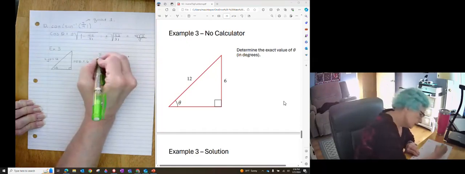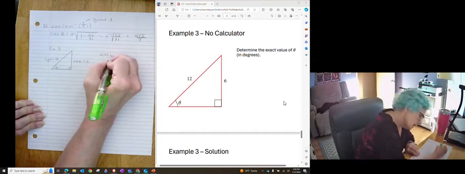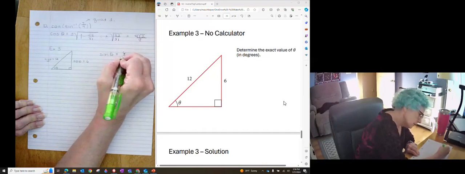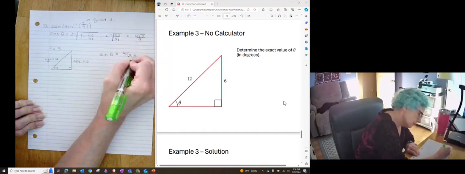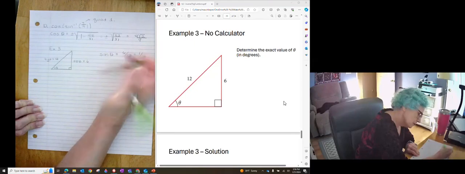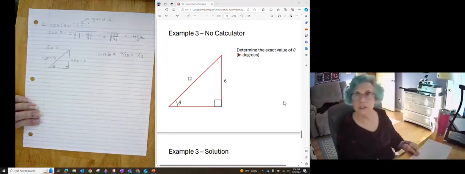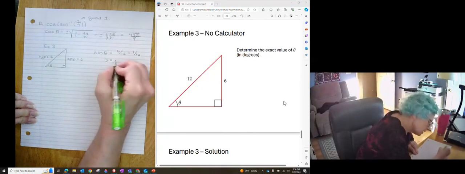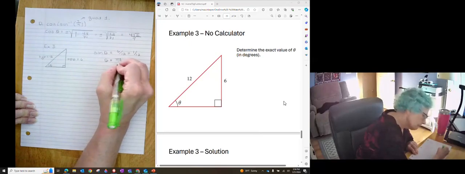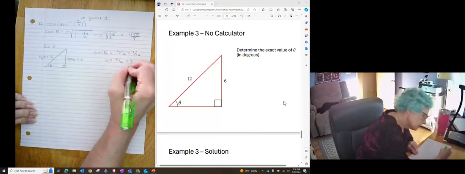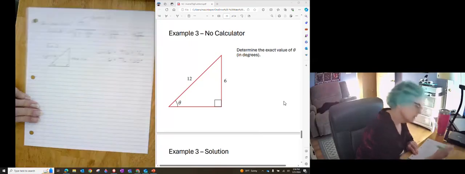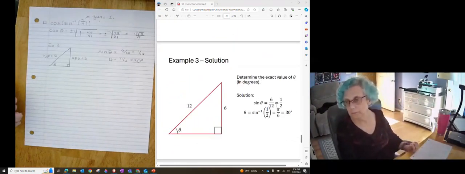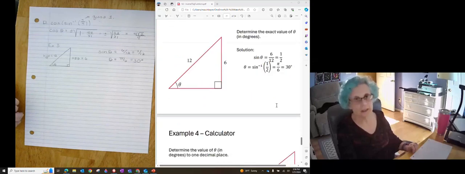So that means sine of theta is equal to 6 over 12, which is 1/2. So theta is equal to pi over 6, or 30 degrees. There's the pretty answer.